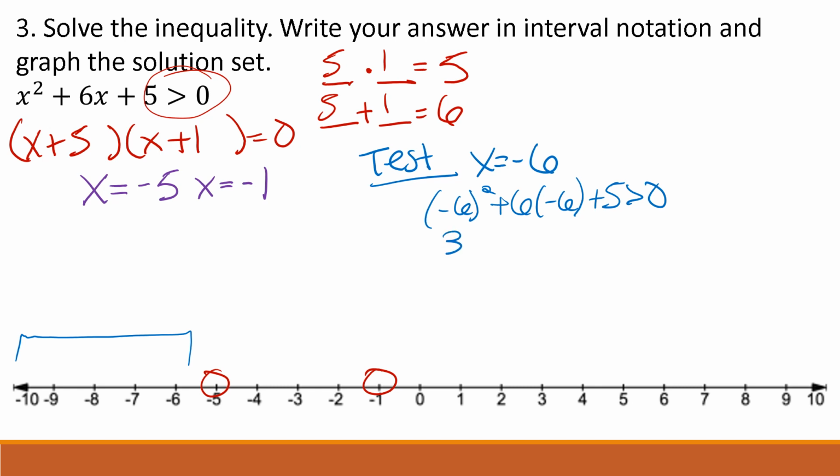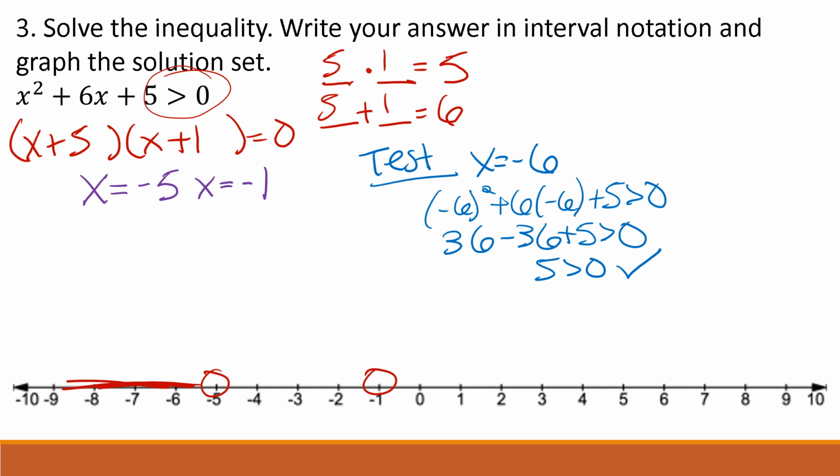That'll be 36 minus 36 plus 5, which would be 5, which does work. So we know that we should be shading down here.